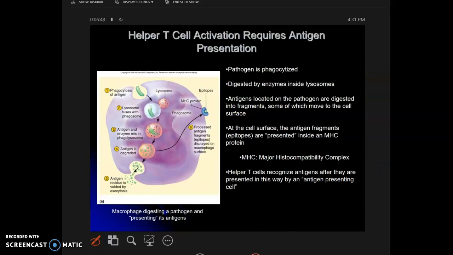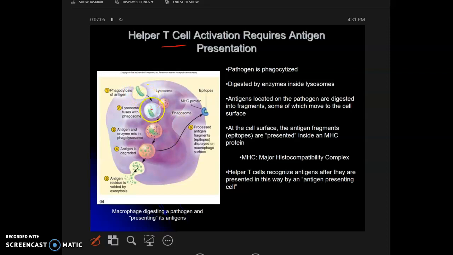All right. So let's look at first, how a T cell is activated. All right. This is the macrophage. What a macrophage does is it first engulfs and swallows a foreign body.